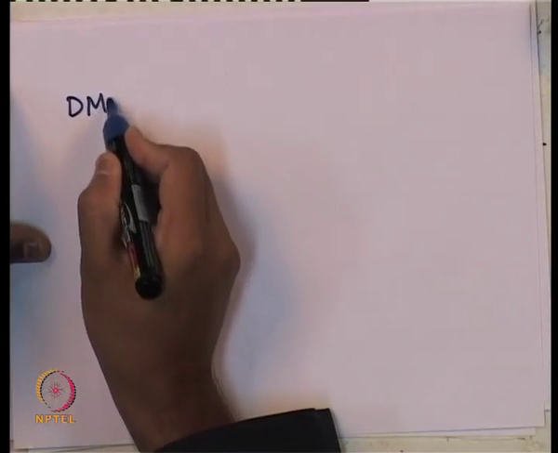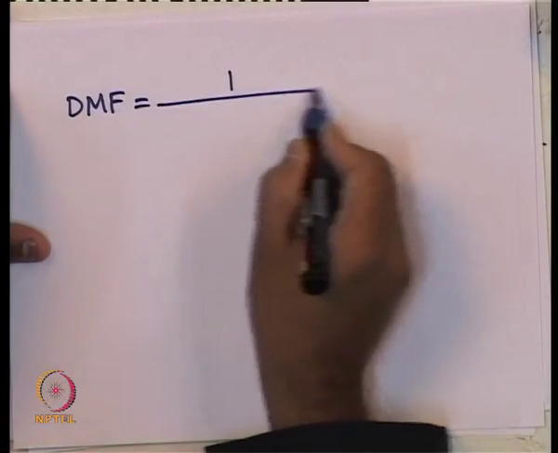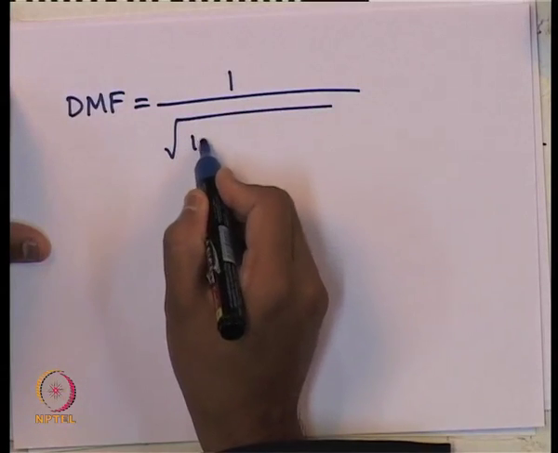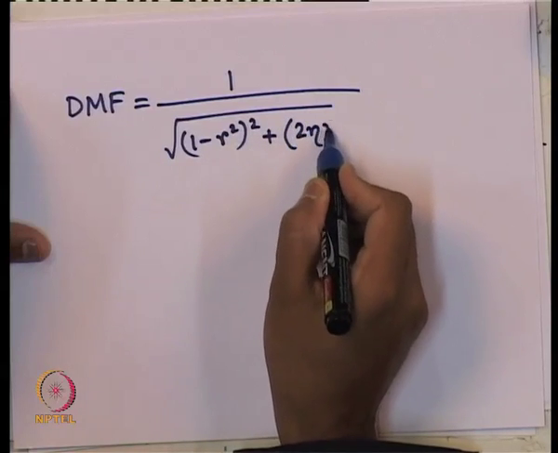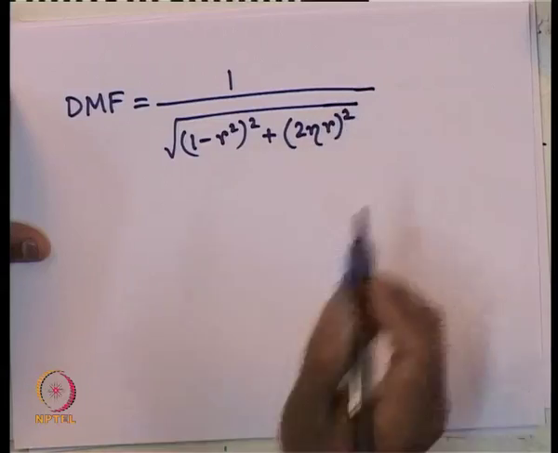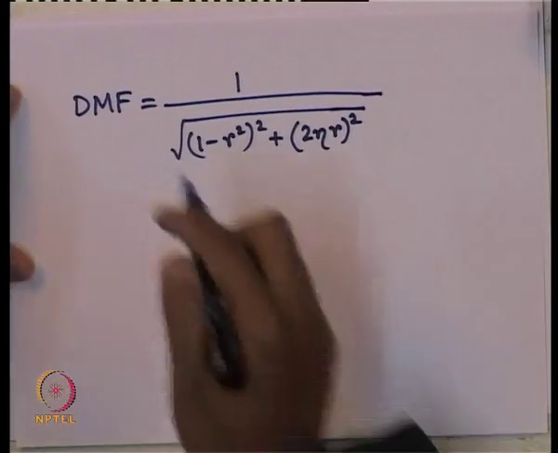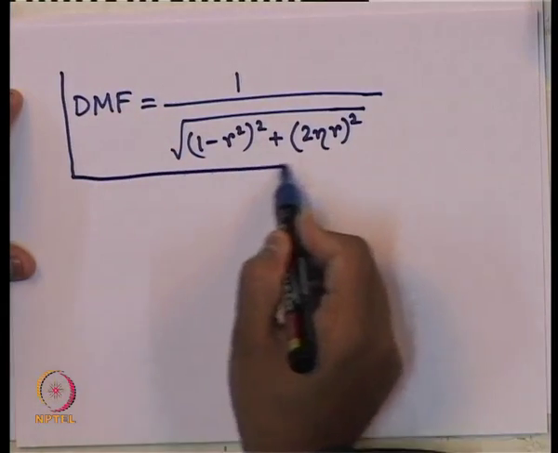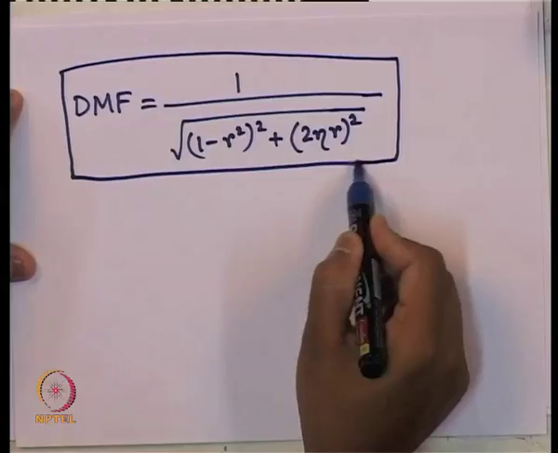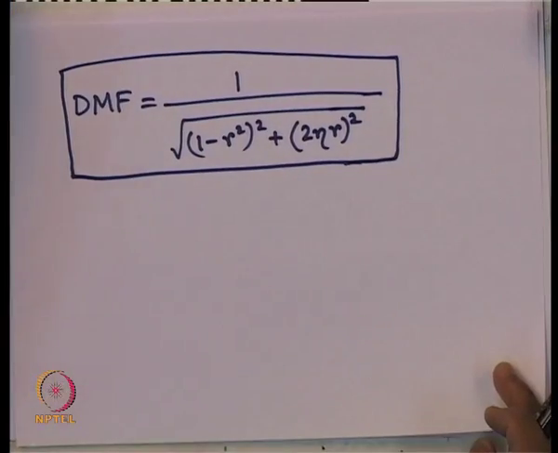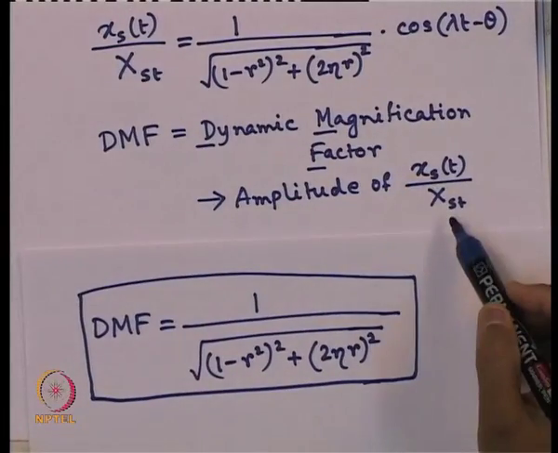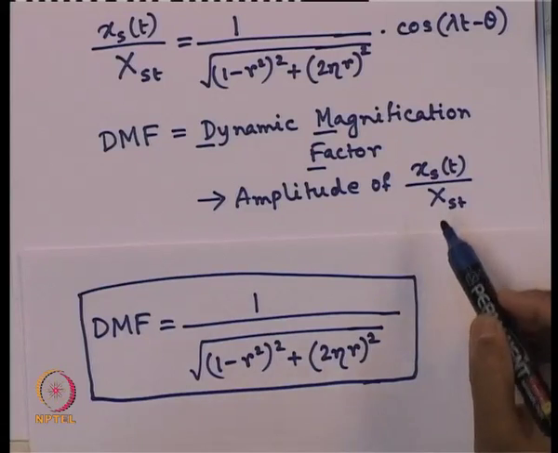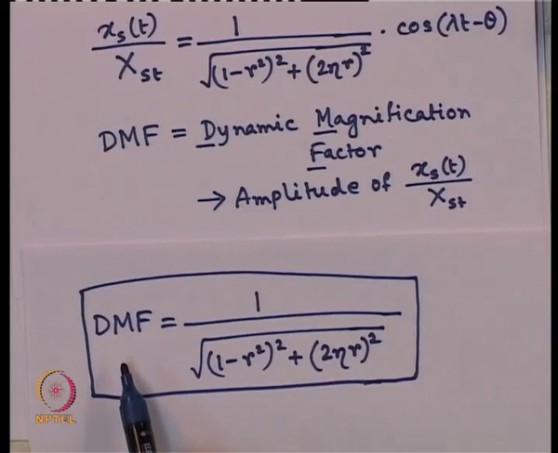DMF is given by the expression 1 by root over 1 minus r square whole square plus 2 eta r whole square. This parameter is extremely important. Why? Because it gives us the idea that under the dynamic load, how much the displacement will magnify compared to your static displacement. So, that is why this terminology DMF is extremely important for any engineering design.